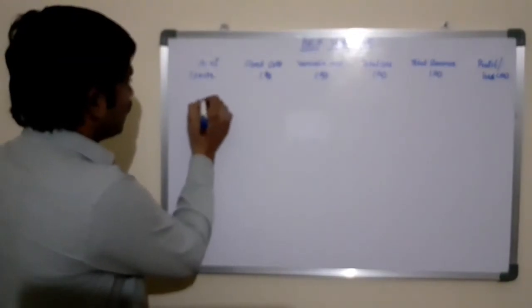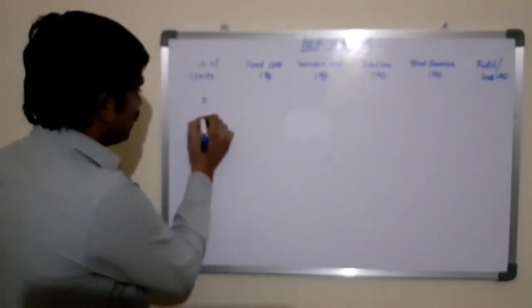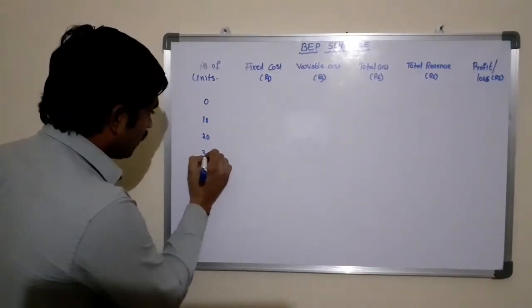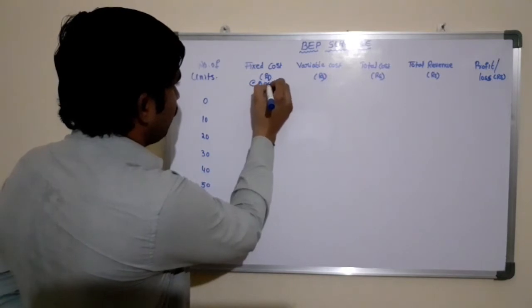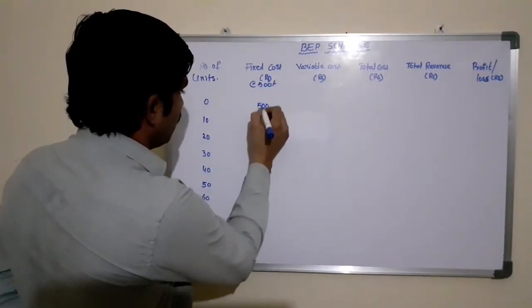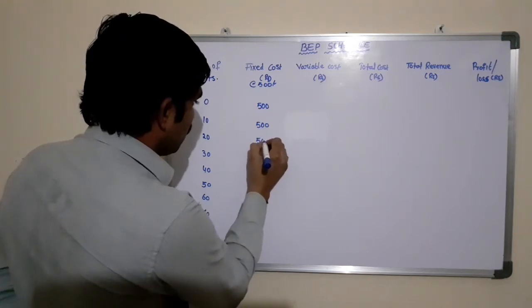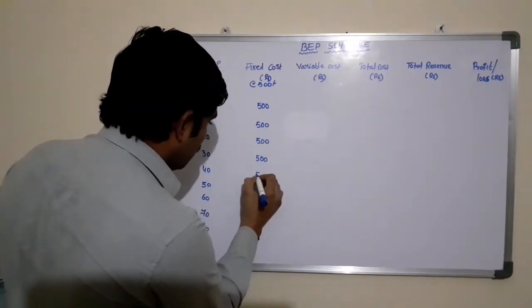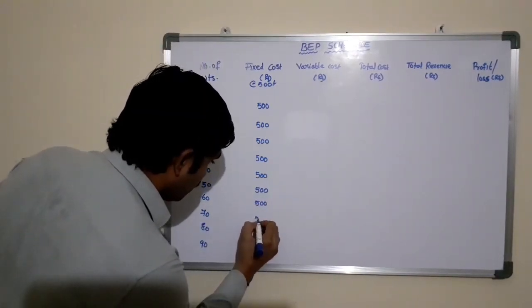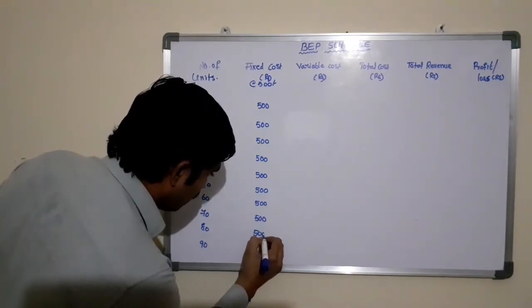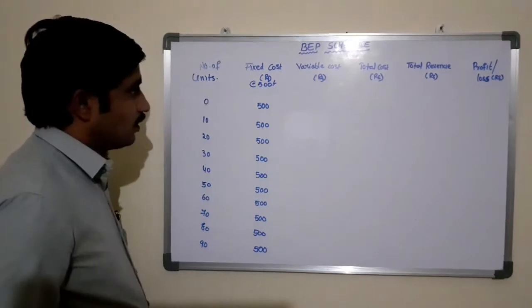The number of units I am taking here, for example, are 0 units, 10 units, 20, 30, 40, 50, 60, 70, 80 and 90 units. And the fixed cost is fixed at 500 rupees, that is 500 at 0, 500 at 10 units, 20, 30, 40, 50, 60, 70, 80 and 90 units, right?